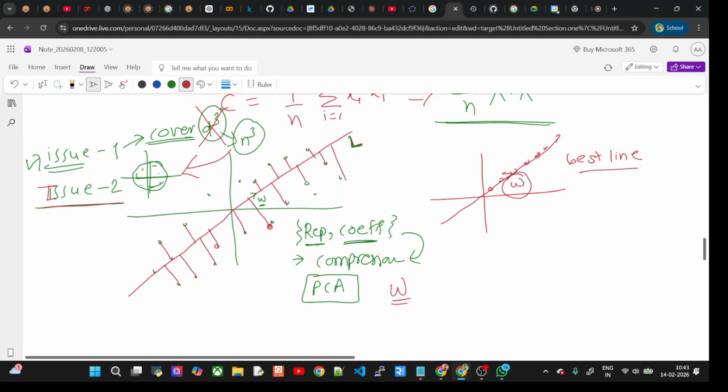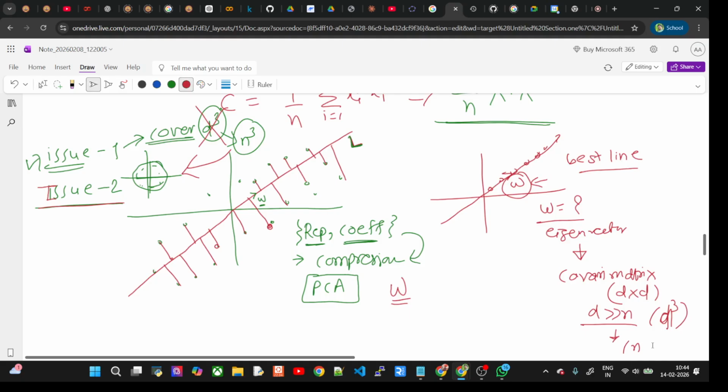So what we need to do is calculate w, the eigenvector. How to get the eigenvector? From the covariance matrix. What is the covariance matrix? It is d cross d. When d is greater than n, that is dangerous. Don't go with d cube, go with n cube.